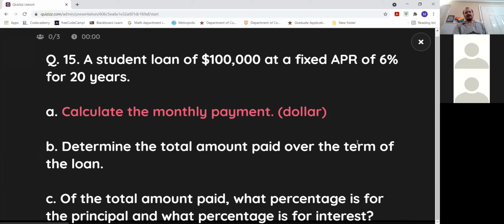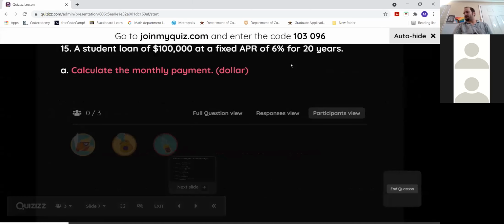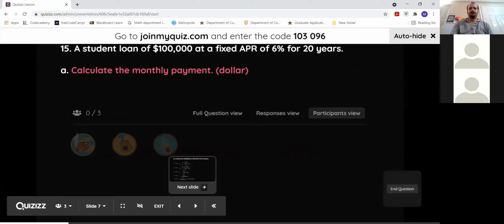Determine the total amount paid. So after we find part A, it should hopefully be easier to find part B, and hopefully it'll be easier to find part C. But we've got to figure out the payment first. Check the fourth formula.